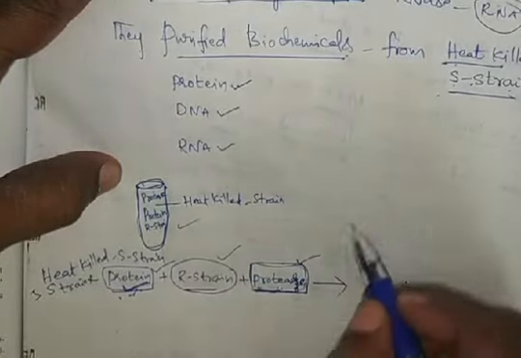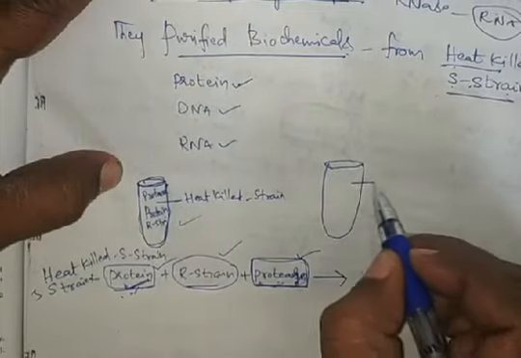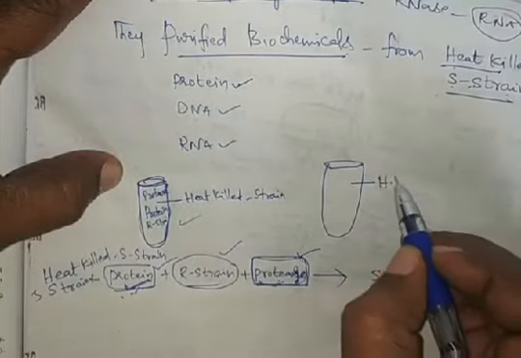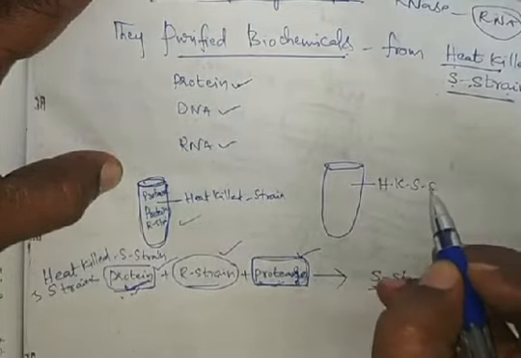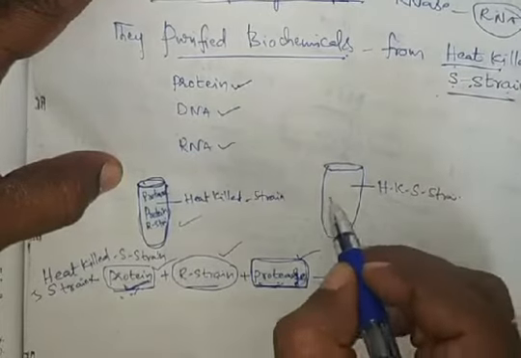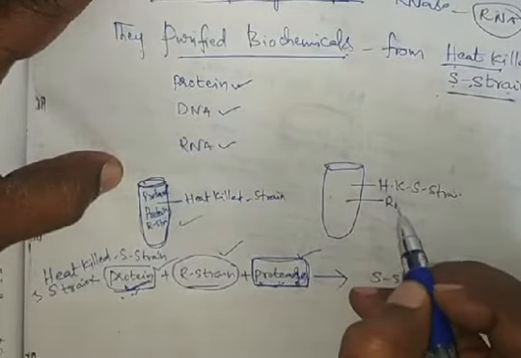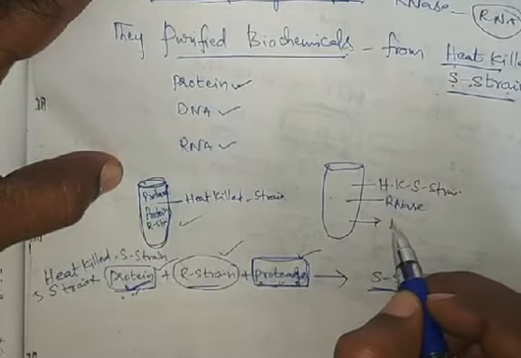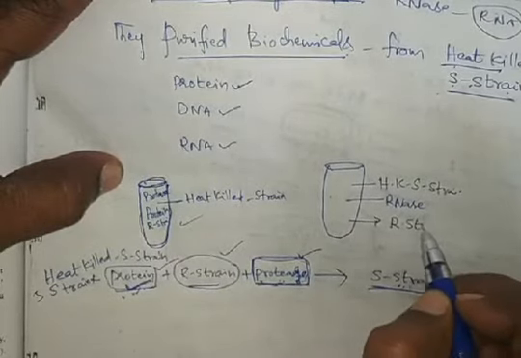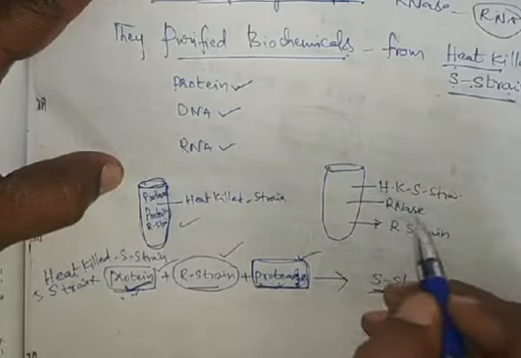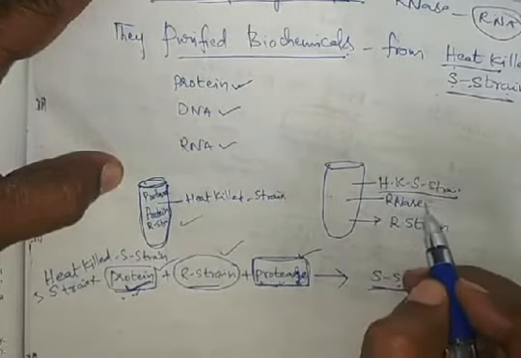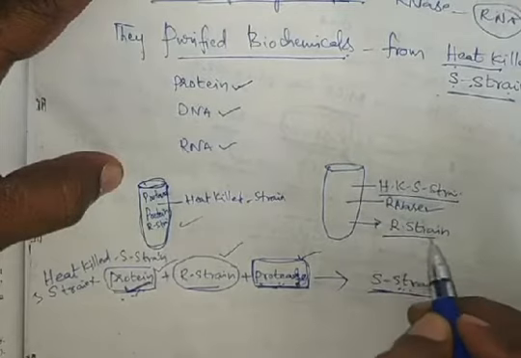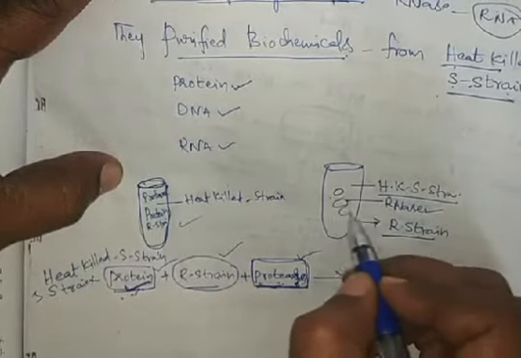And then in the next step, what did they take? They took heat killed S strain, RNase, and R strain cells in the test tube.